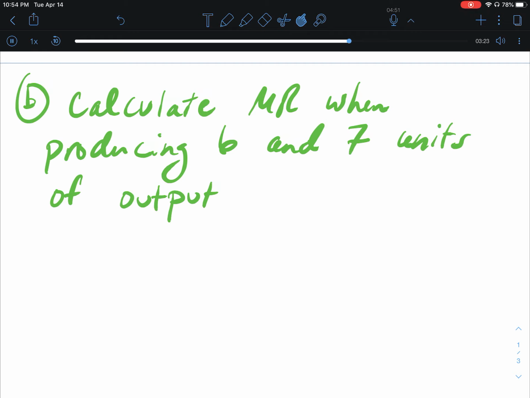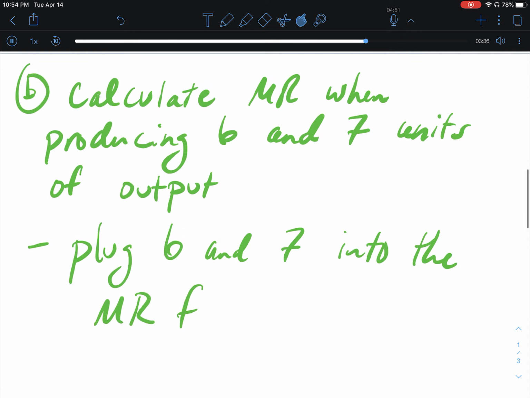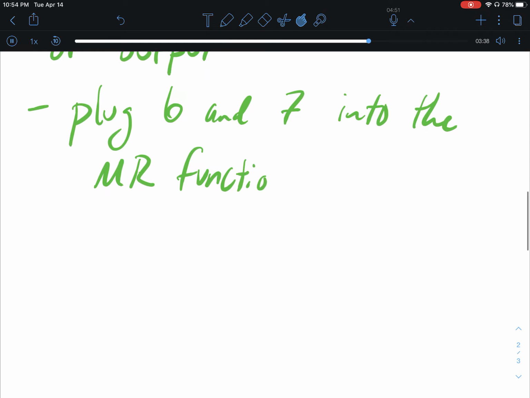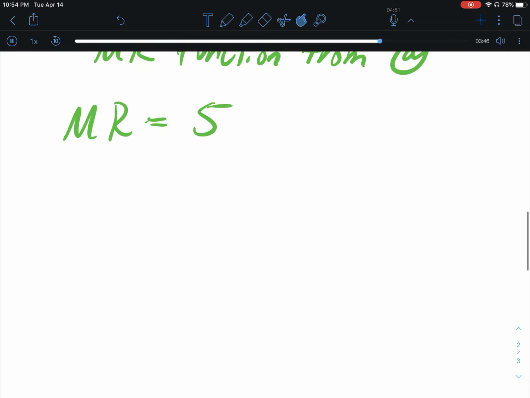Okay, so the only thing we have to do for this is plug 6 and 7 into the marginal revenue function from part A. So we said MR equals 50 minus 8Q.